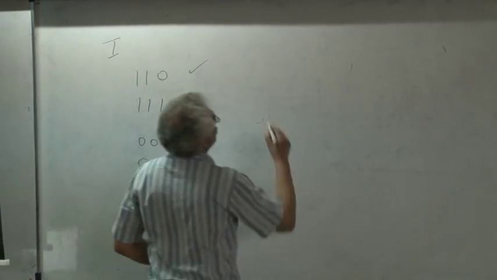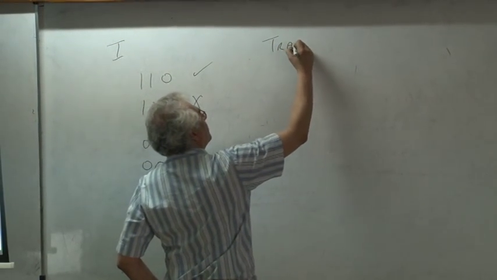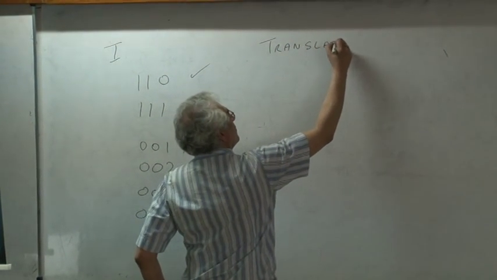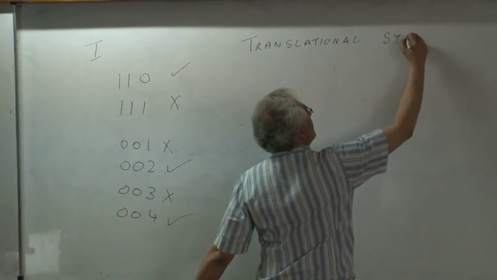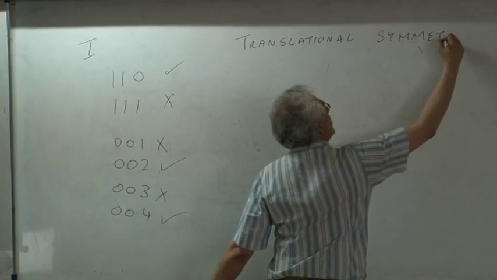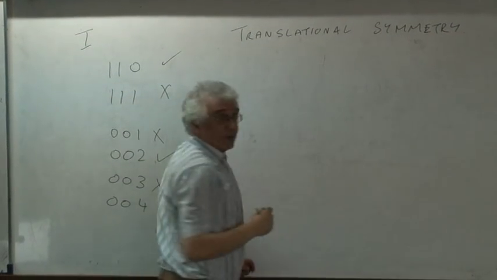So, translational symmetry. There are two types.